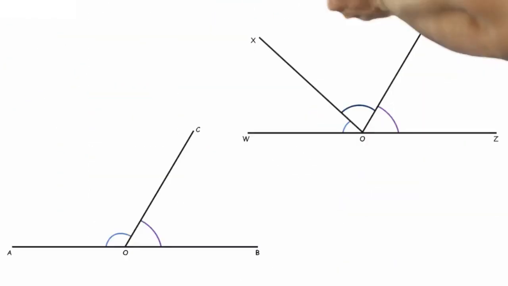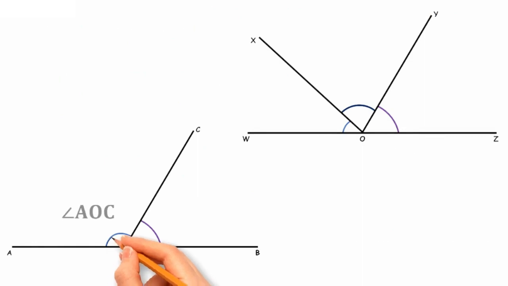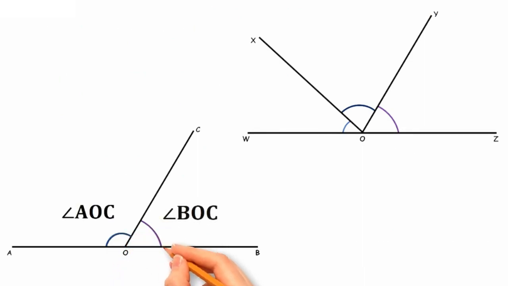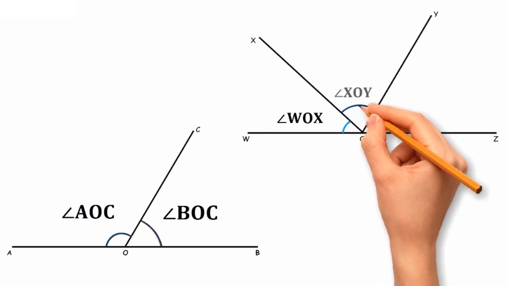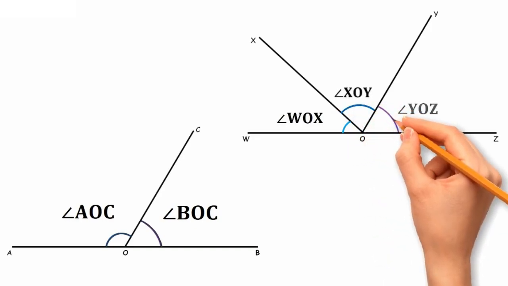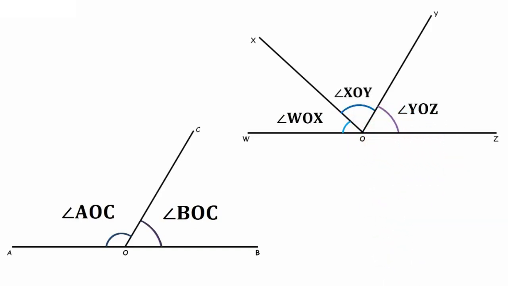Let's have some examples. In this figure, angle AOC and angle BOC are adjacent angles. Same as angle WOX, angle XOY, and angle YOZ are adjacent angles.